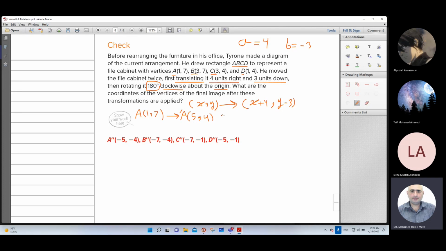Then the second point B (3, 7). The translation will be B prime: X 3, 3 plus 4 will be 7. And Y 7, 7 minus 3 will be 4.